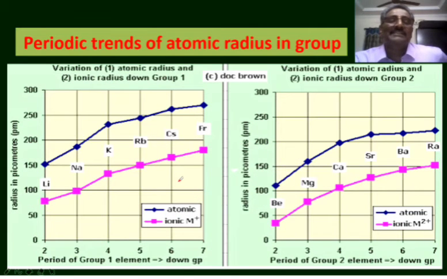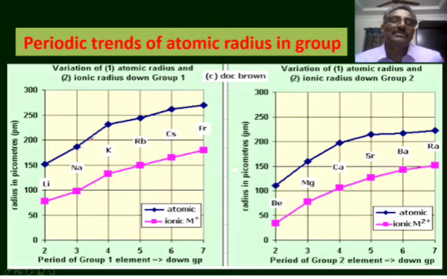Let us see the variation of atomic sizes in the first group and second group. This green colored line represents the variation of atomic sizes here. First group: lithium, sodium, potassium, rubidium, cesium, francium. But the increase is not the same. From lithium to sodium, there is some increase in the atomic radius.